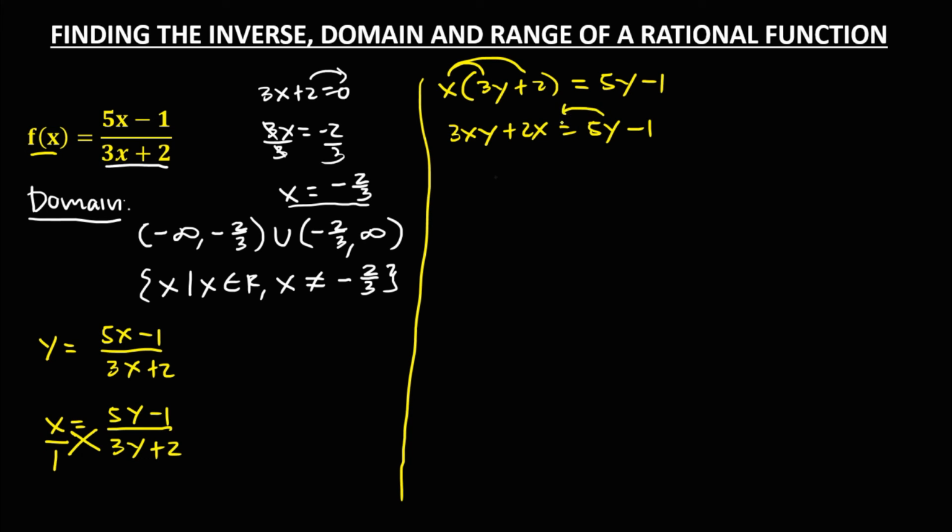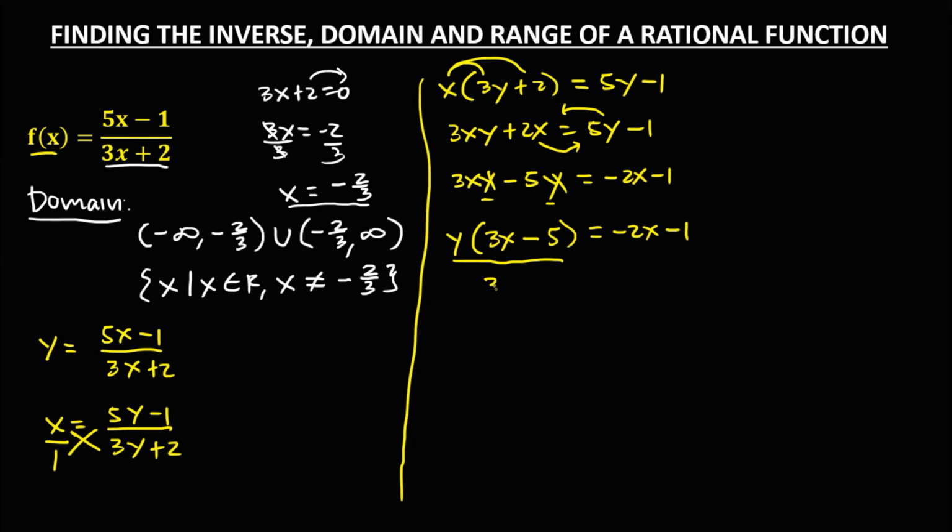Then transpose this positive 5y. So 3xy minus 5y equals, transpose this positive 2x, so we have negative 2x minus 1. Then put this y outside. So we have y times 3x minus 5 equals negative 2x minus 1.